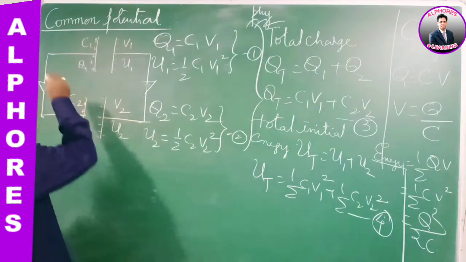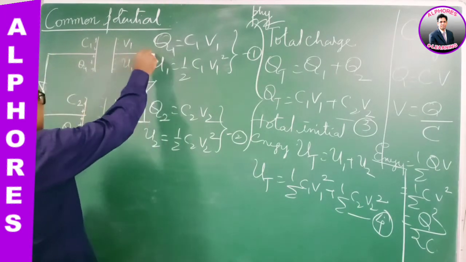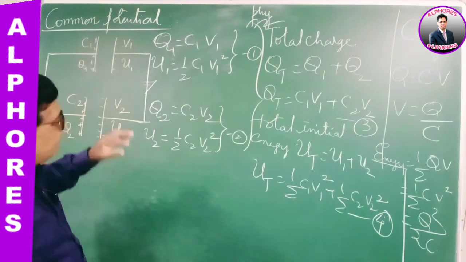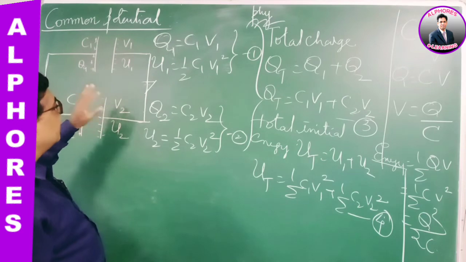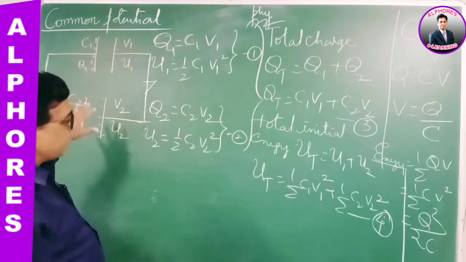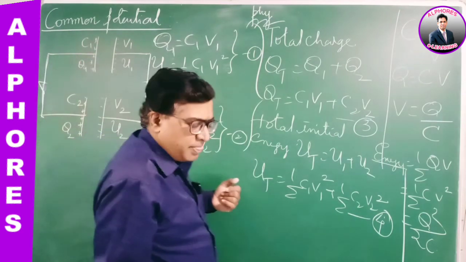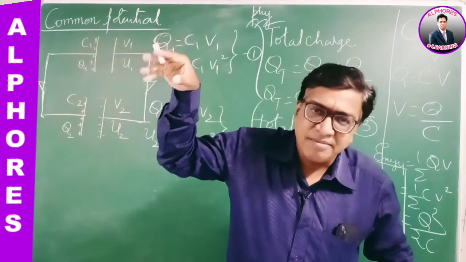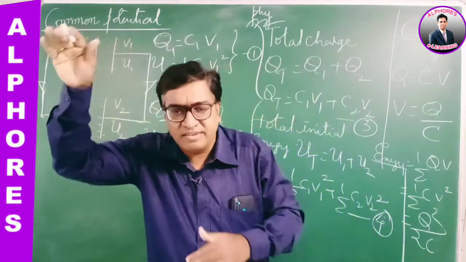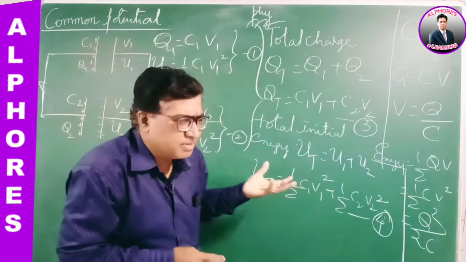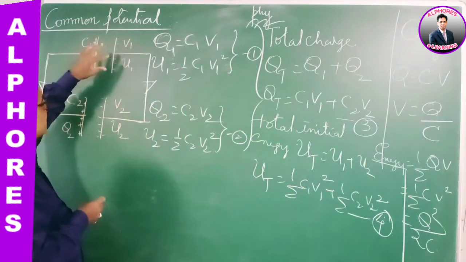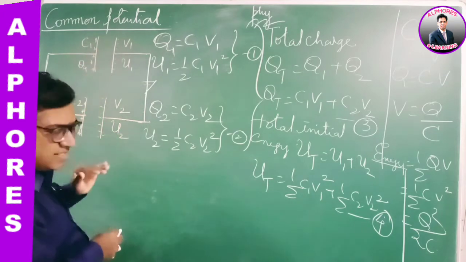After the connection is made, some charge will move from higher potential to lower potential. One capacitor will lose charge, the other gains charge. Obviously, water will flow from the tank with more level to the tank with lower level until their levels are equal. One tank loses water, the other gains water. Similarly, the charge flows: one capacitor loses, the other gains.